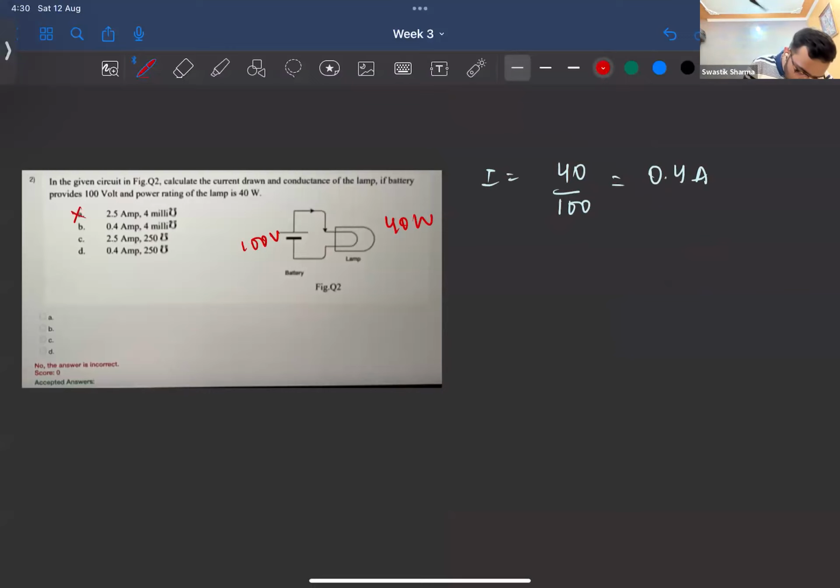So that negates two options, A and C. Now we are required to find the conductance. So how can we find conductance? Conductance is nothing but I upon V, right? So 0.4 divided by 100, which is 4 millimhos. So the answer is B.